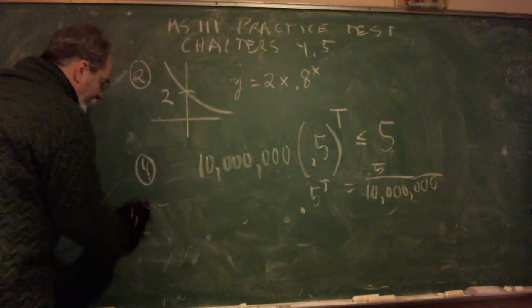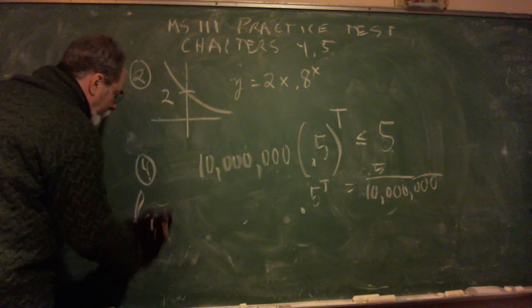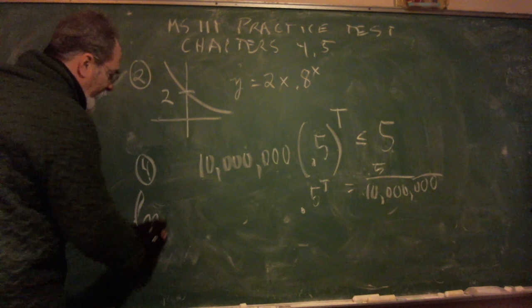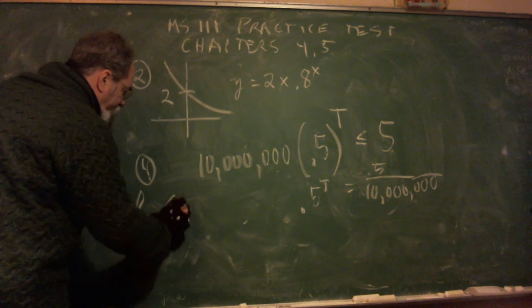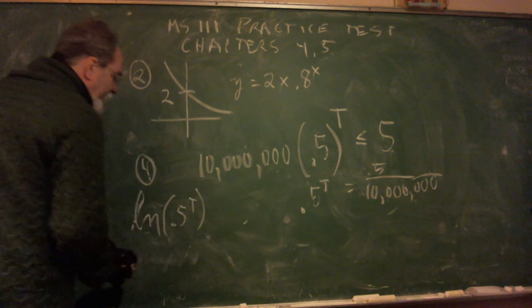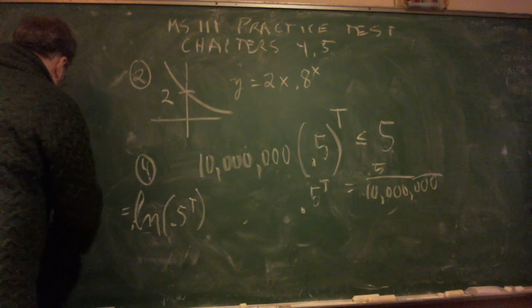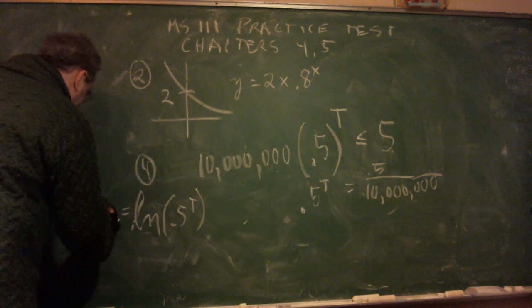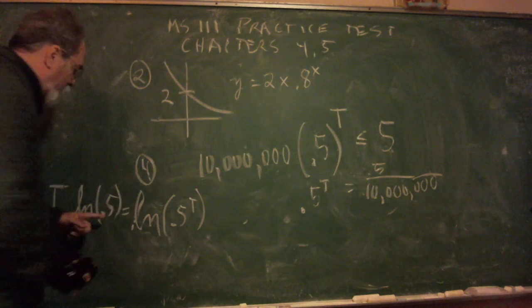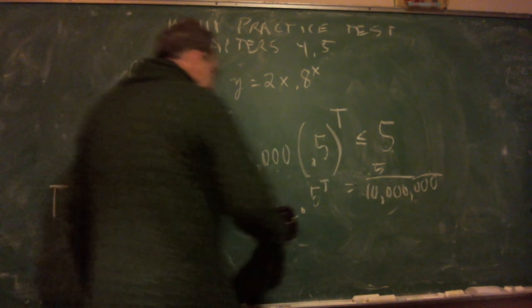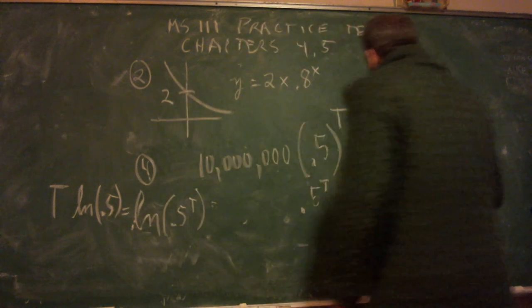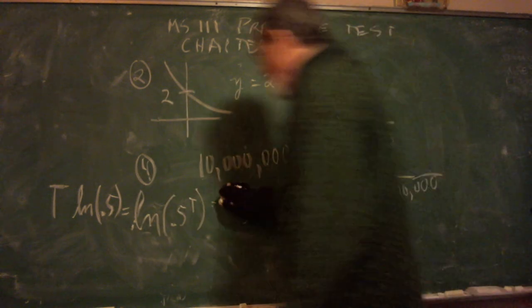I'm going to have the natural log of 0.5 to the T, which is the same as T times the natural log of 0.5. And do not lose that point on that 5. And then that's equal to this 5 over 10 million.